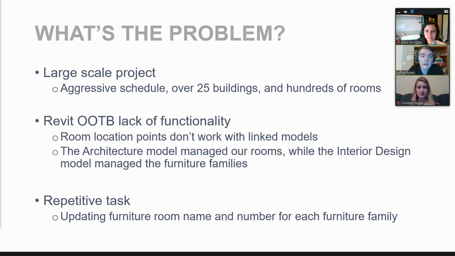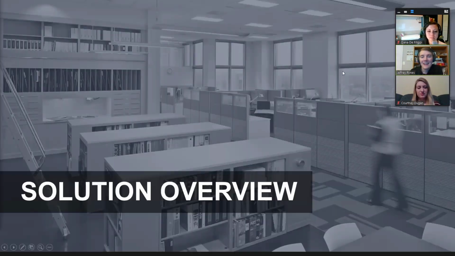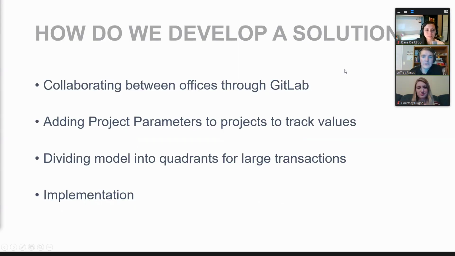To that second point there on the slide, Revit out of the box couldn't really do what we were asking it to. And as Courtney had mentioned, it was a pretty repetitive task to go through. So starting to work towards a solution, and certainly not the only one, but trying to find a way to tackle this, there were a couple of elements here. One of them was collaborating between our offices, working together as a team.